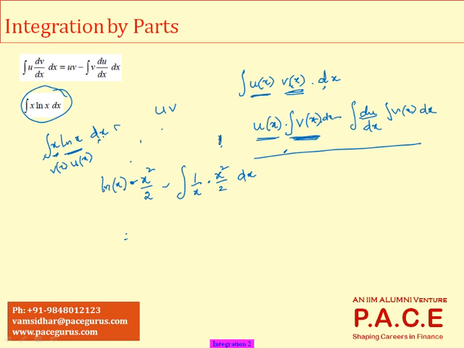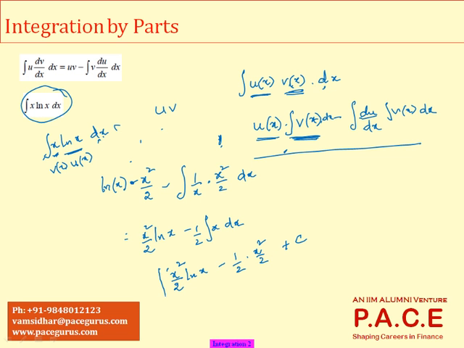Now what is this coming out? x squared by 2 log x minus the integral of, probably I'll take 1 by 2 out, and what is left is x dx. So again a simplification makes it x squared by 2 log x minus 1 by 2 into x squared by 2, plus c.